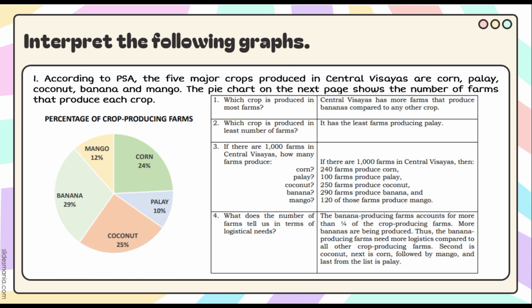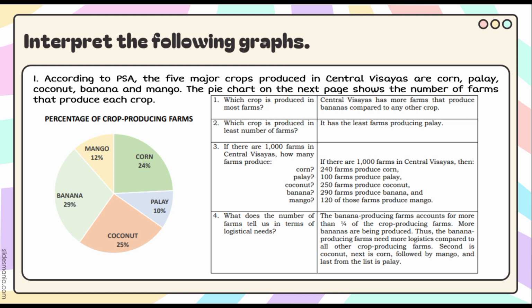Because when we multiply 1,000 times the corn, which is 24%, 1,000 times 24% is 240. How about palay? 100 farms produce palay because 1,000 times 10%, or 1,000 times 0.10, is equal to 100.